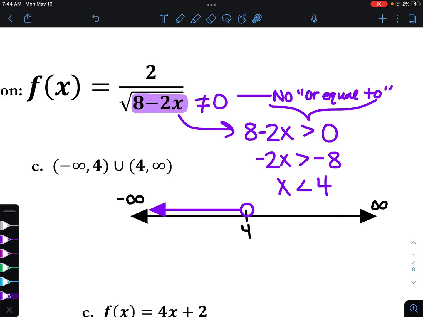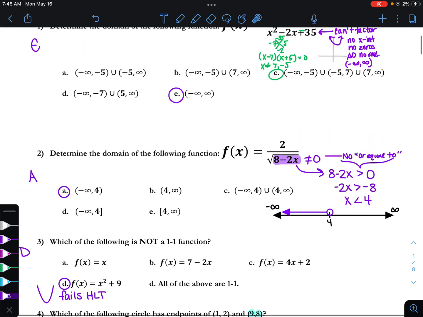So x has to be less than 4. Look at how when we divide both sides by the negative, we had to switch the inequality sign. So x has to be less than negative 4, so A is our answer.